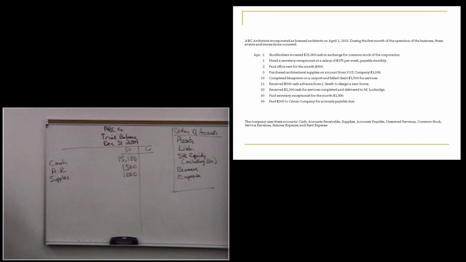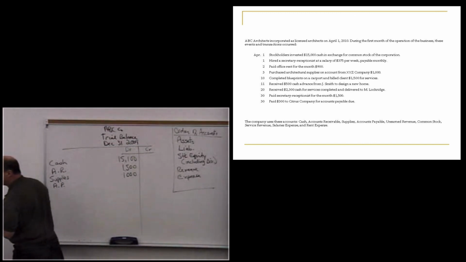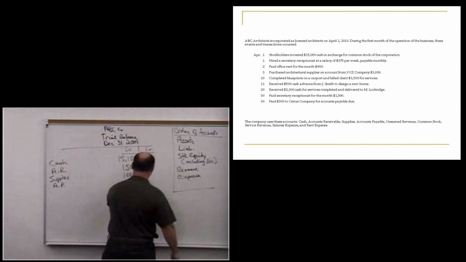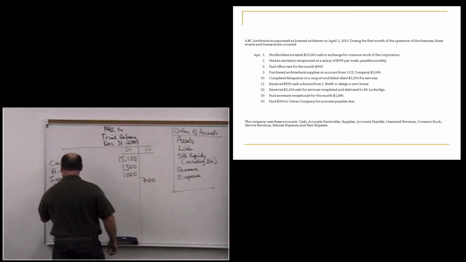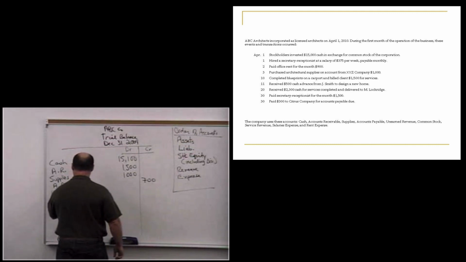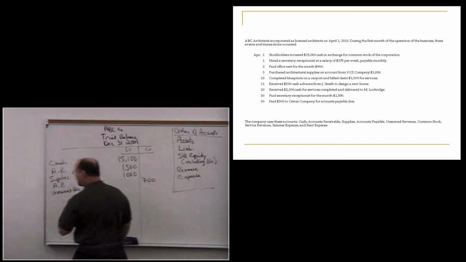Then we have two liabilities. We have accounts payable, and that had a $700 credit balance, and we had unearned revenue, and that has a $500 balance.